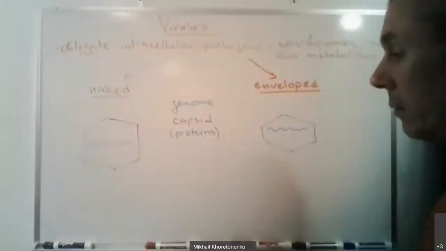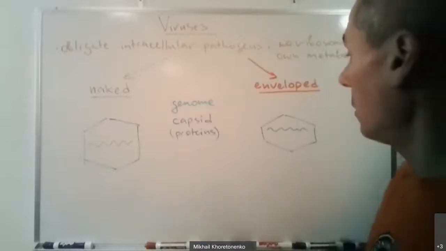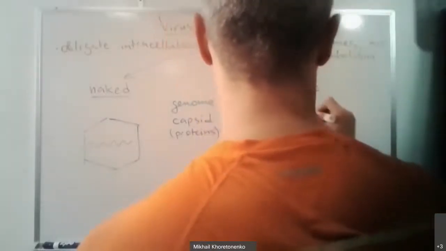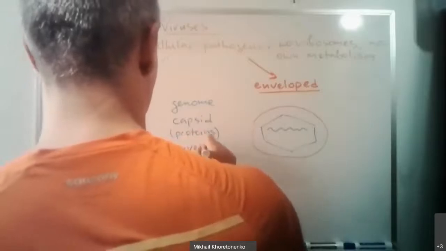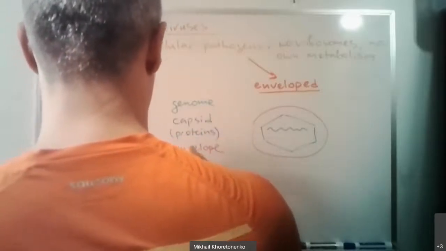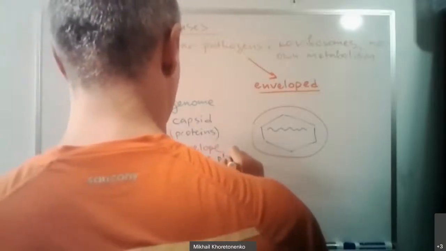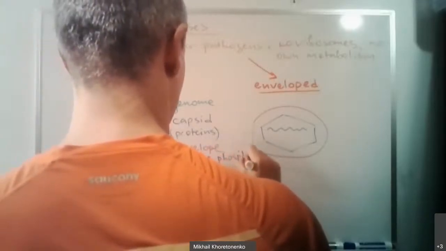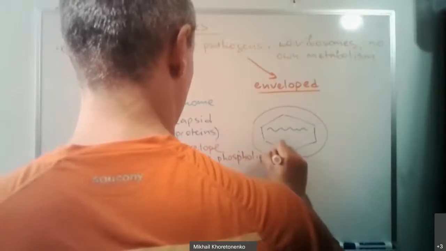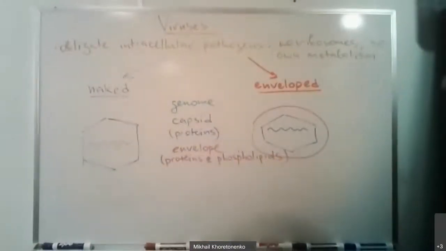But on the outside of the genome and the capsid, you can find an envelope, which consists of proteins and phospholipids. Okay? So far, are we good?